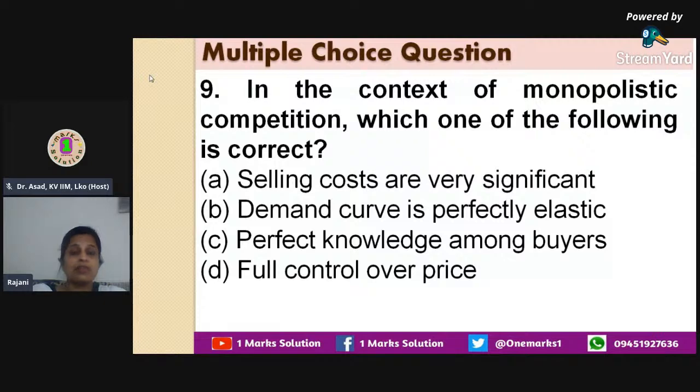Full control over price is also not correct, because prices depend on the elasticity of demand. Compared to perfect competition, monopolistic competition has some control, but not full control. So I think option A is the correct answer: selling costs are very significant in monopolistic competition.